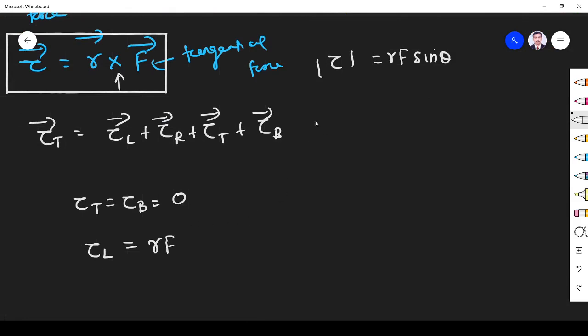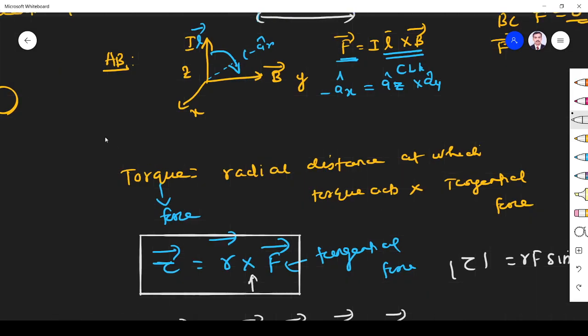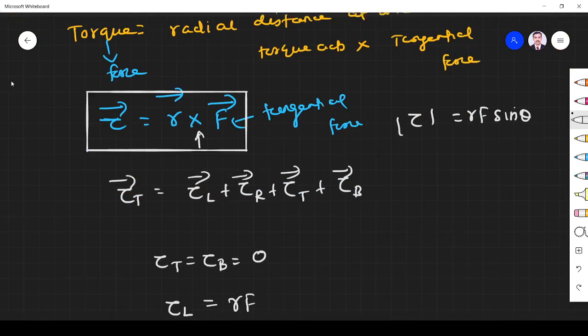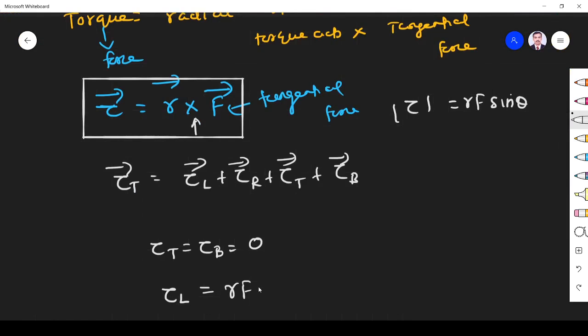Magnetic field is in this direction, the distance will be in this perpendicular direction. Magnetic field is in horizontal direction, length is in vertical direction. So the angle is 90. So RF sin 90, that is 1.